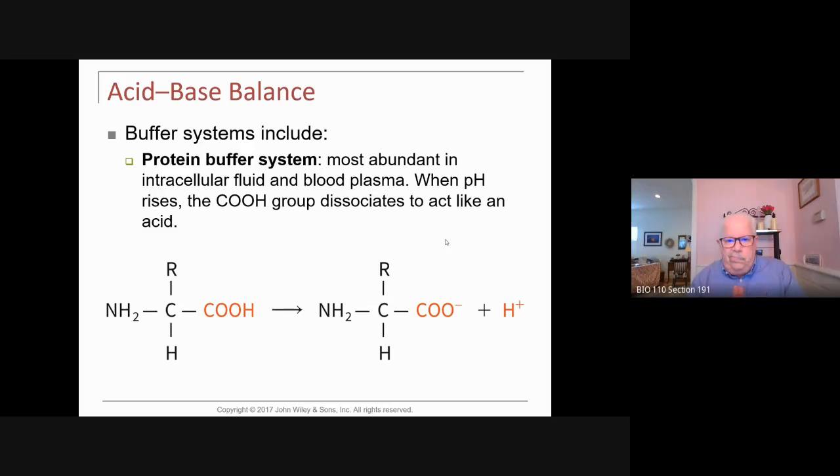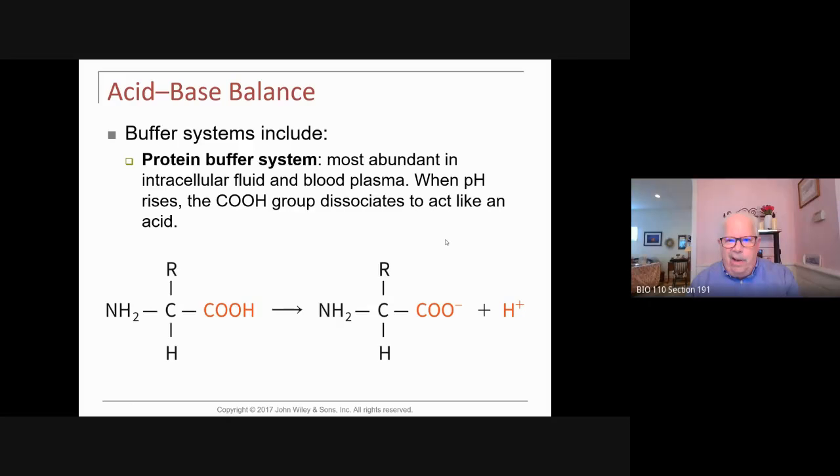So there are 3 buffer systems in your body, and these systems act immediately when there is a problem with pH. The most abundant system in your body to buffer is the protein buffer system. It's made out of amino acids.